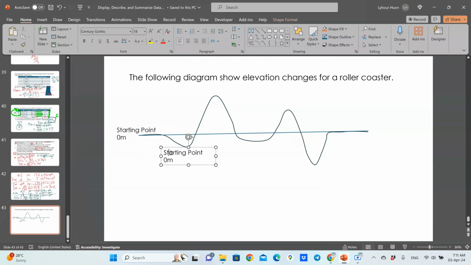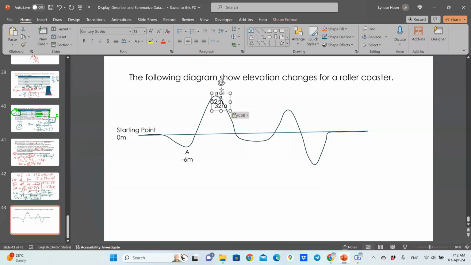This is point A. Let's say point A is -6 meter. This is point B, it's 32 meters.